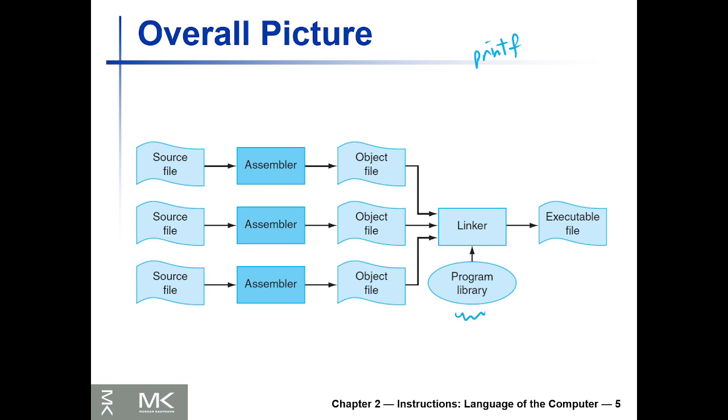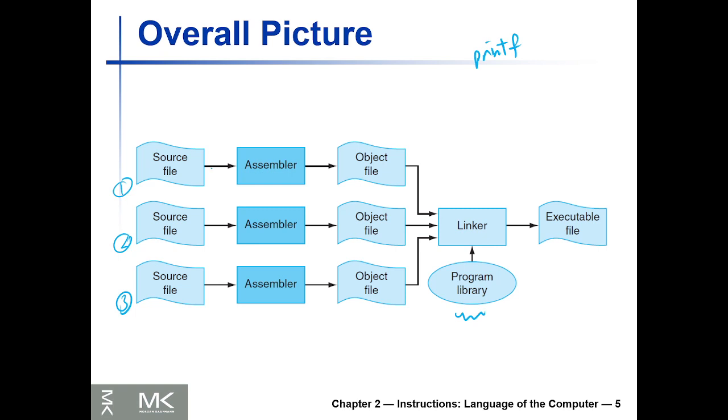So basically your program might be in multiple files, like source file 1, source file 2, source file 3. You might also have some libraries included, like hash include stdio.h or iostream.h in C++, something like this. So you must process each separate file individually.